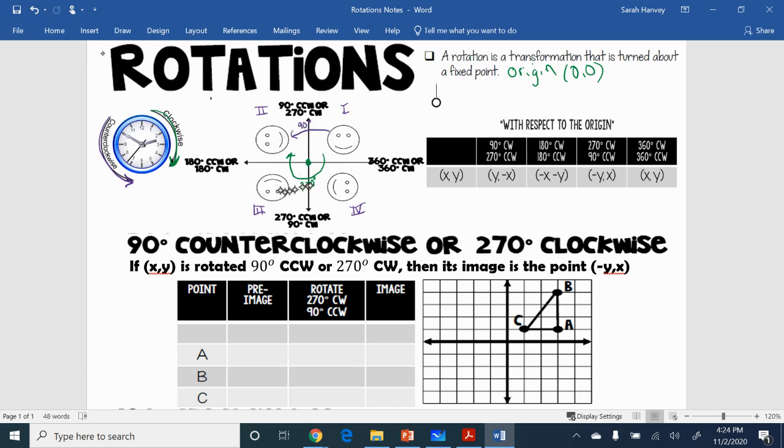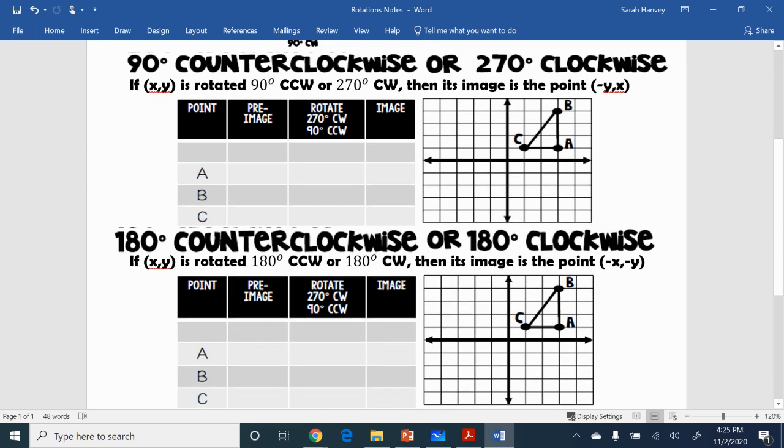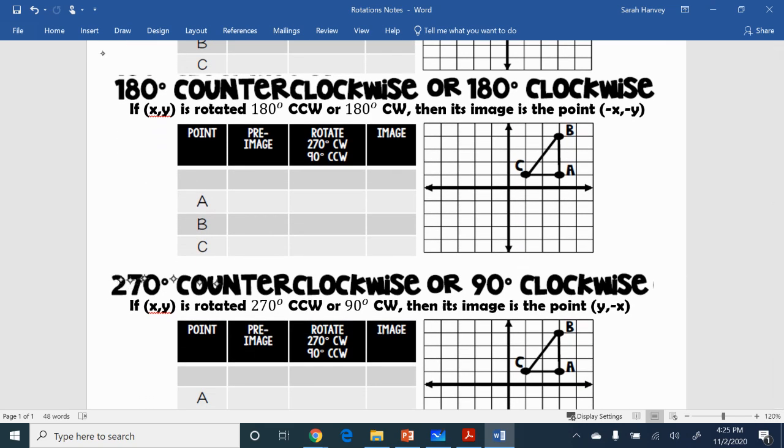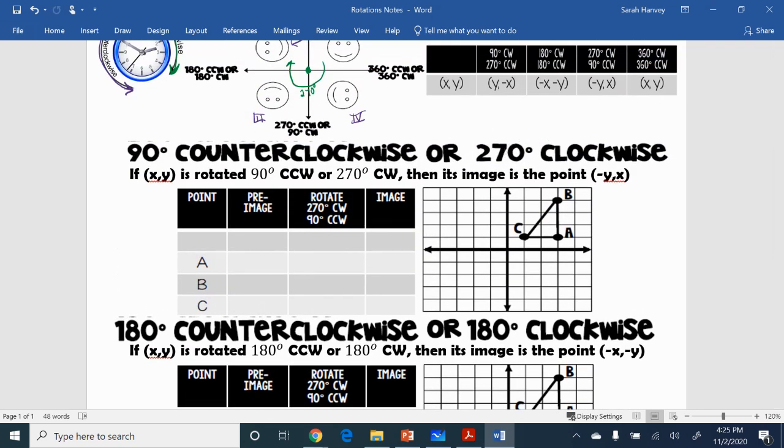All right, so we can do 90 degrees, or 180 degrees. From over here to over here, that would be 180. Or we could do 270 degrees, or you can do 360 and end up right back where we started. So those are the ones we're focusing on. You'll see in the notes, we focus on 90, 180, and 270 degrees counterclockwise, and we know that they're the same as 270, 180, and 90 degrees clockwise.